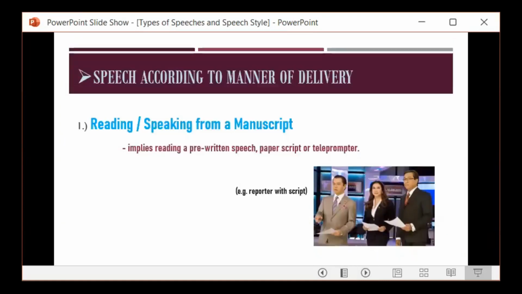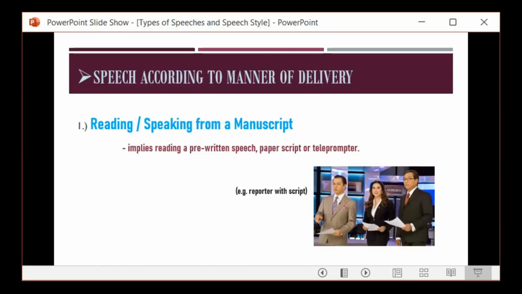For the first one, it's either reading or speaking from a manuscript. It implies reading a pre-written speech, a paper script, or a teleprompter. This is when a speaker reads a pre-written speech or a written message word by word to a specific audience, using a paper script or the teleprompter.